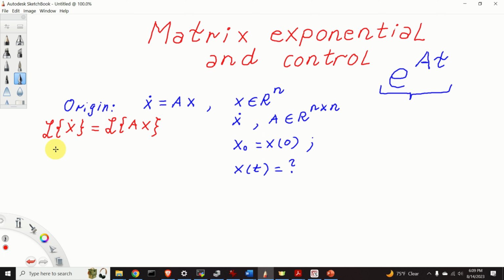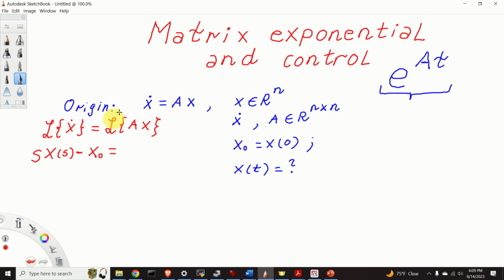What is the Laplace transform of the first derivative of x? The Laplace transform is s x of s minus x0. That is minus our initial condition. And on the right-hand side, we need to apply the following law. We know that the Laplace transform is a linear operator.